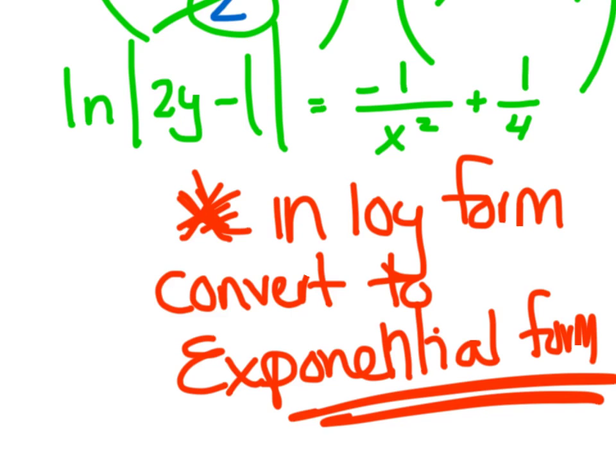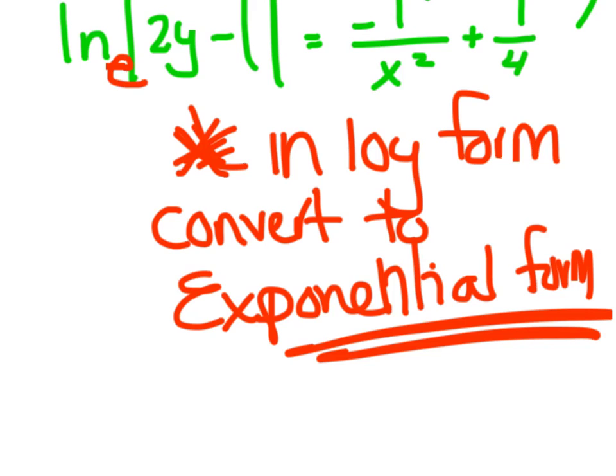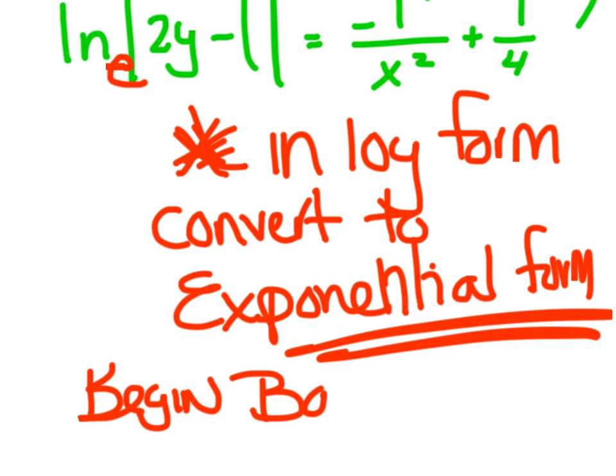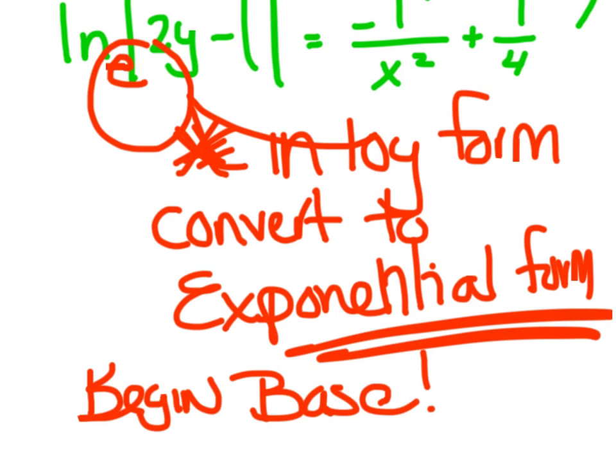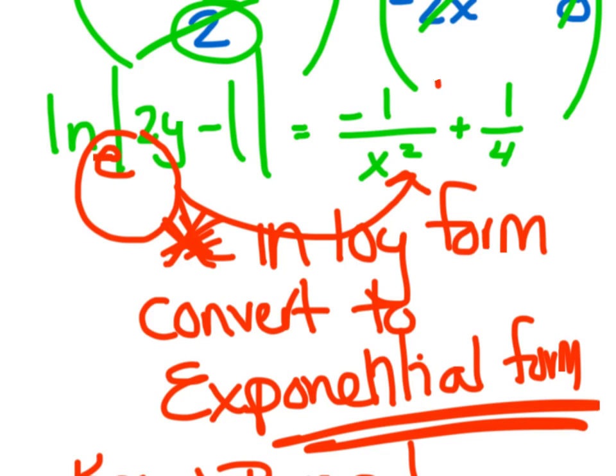So here's the deal. You can put your base e in there. Remember, when you have ln's, you deal with base e. And to convert, you begin with the base. So again, I just want to make a note, begin with the base. So I'm going to draw a little arrow around it. It's e to this junk equals this junk. Okay, so it goes in a big circle.